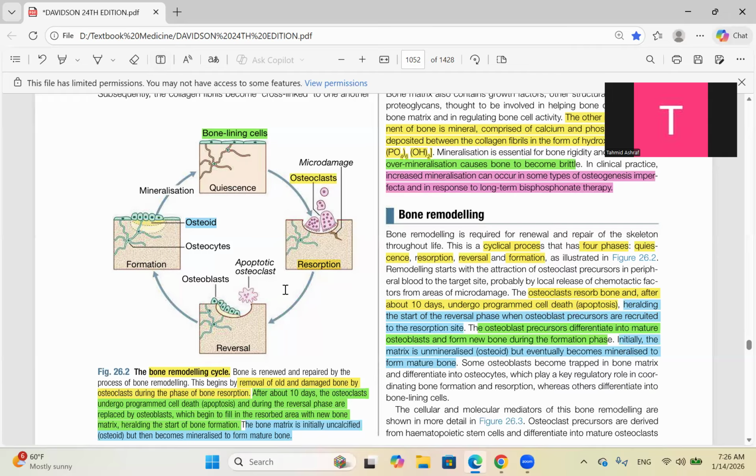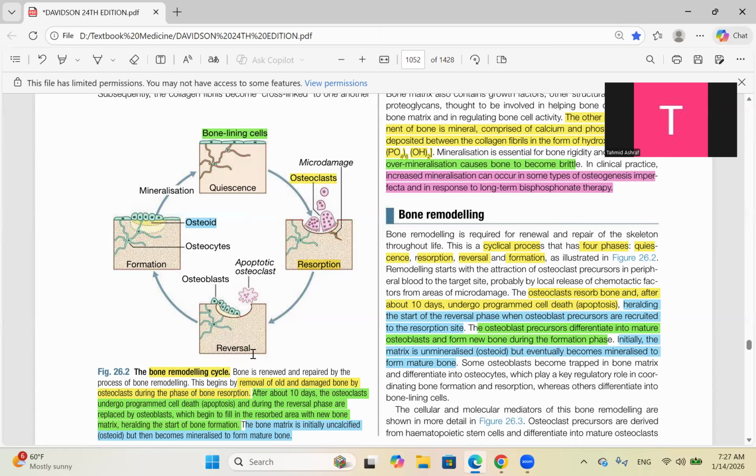Then there is a phase called the resorption phase, when the bone is decaying, being destroyed, not entirely but partially. The main cell responsible for bone resorption, which is sometimes a beneficial effect, is the osteoclast. As we learned in the previous class, osteoclasts are multinucleated, macrophage-like cells. Then, after the resorption phase, there is the reversal phase.